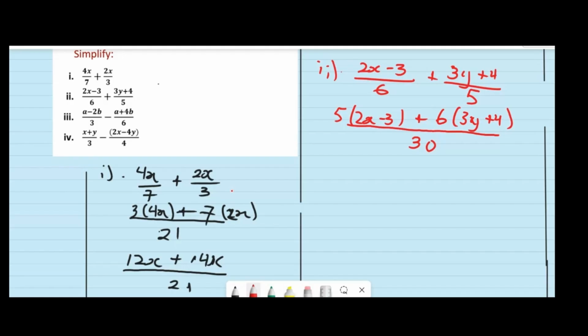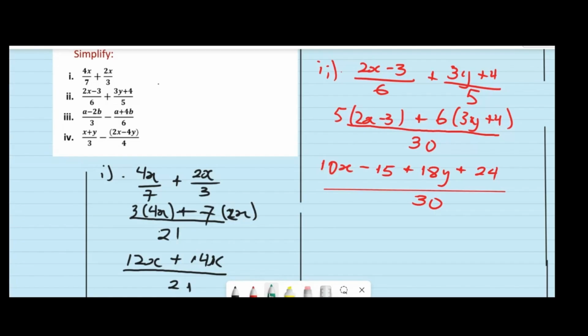So let's do the actual multiplication. 5 times 2x is going to give us 10x, and then 5 times negative 3 is going to give us negative 15. Then 6 times 3y is going to be 18y, and 6 times 4 is going to be 24. Don't forget, it is all over 30.